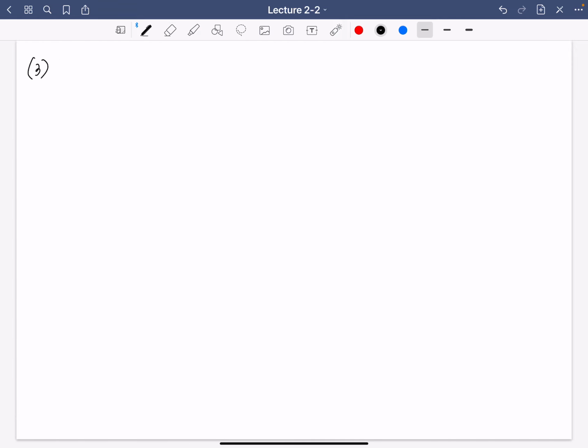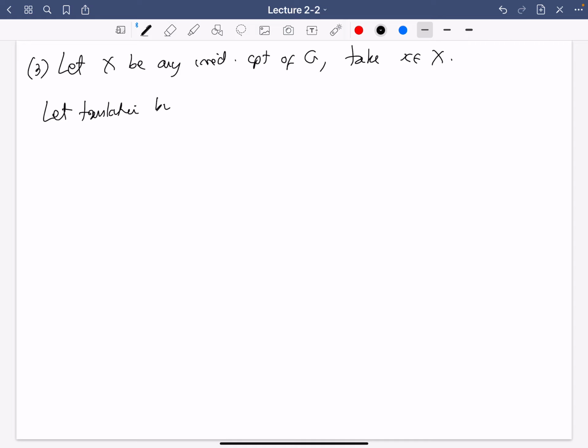For 3, let's let X be any irreducible component of G and take an element x. Well, so left translation, so left multiplication by x inverse. So this is the map from G to G, sending an element g to just x inverse g.